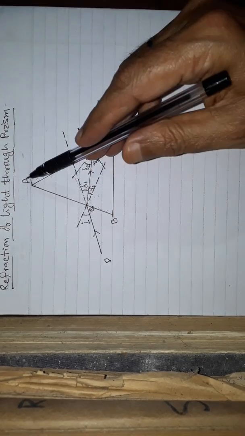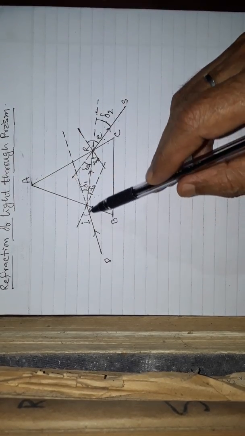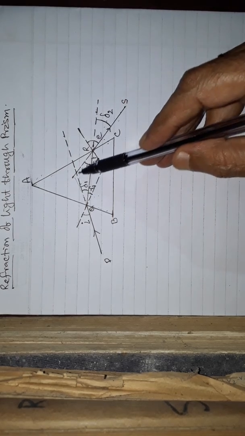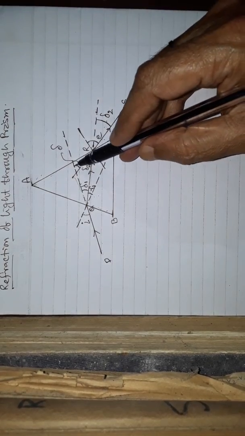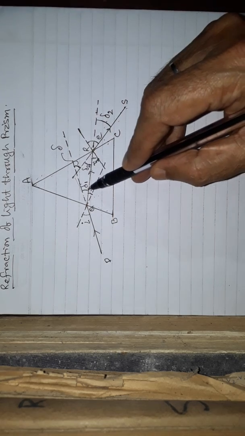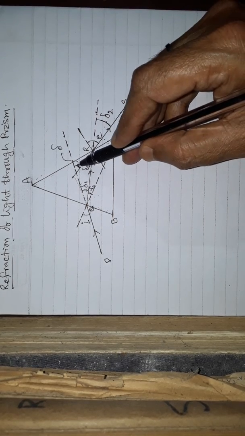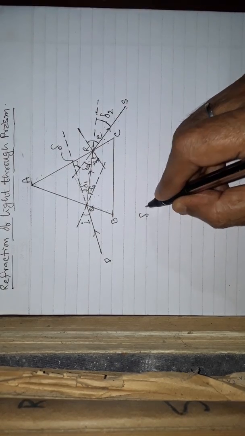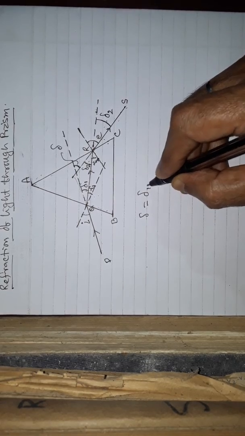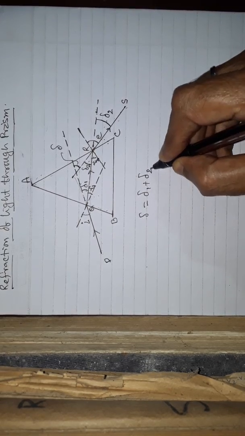Now due to this prism, the ray was originally going this way and finally it has emerged out this way. So this angle we call the deviation produced by the prism. So delta is the deviation produced by the prism. Now this exterior angle is equal to the sum of the interior opposite angles, so delta will be equal to delta 1 plus delta 2.